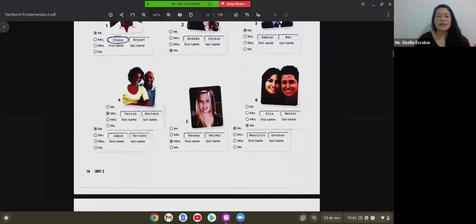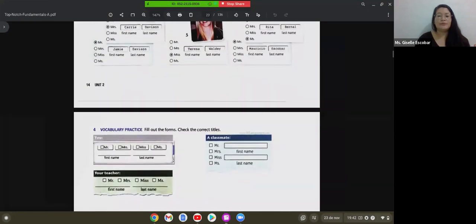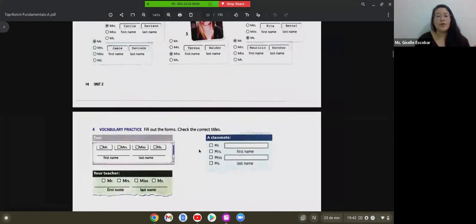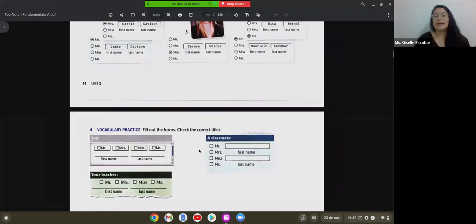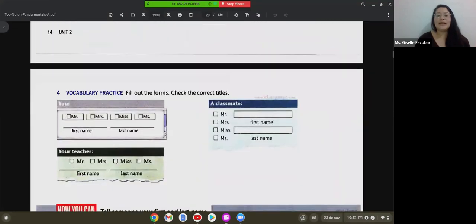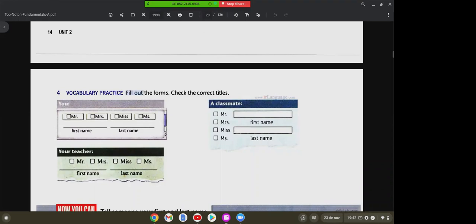Awesome. Now let's continue. We have vocabulary practice. Fill out the forms. Check the correct titles. Fill out. Este es un phrasal verb.